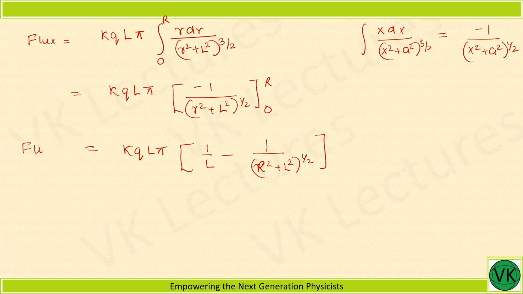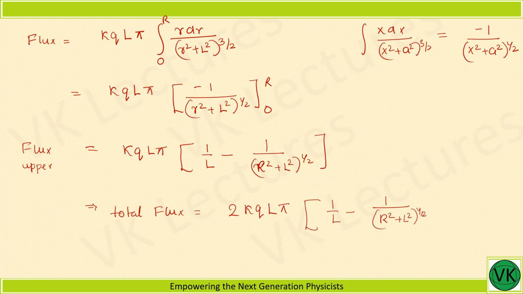So the flux through the upper half, and now with the lower half, the total flux will be equal to 2 times that, so 2 kql pi into 1 by L minus 1 divided by R square plus L square whole to the power 1 by 2.